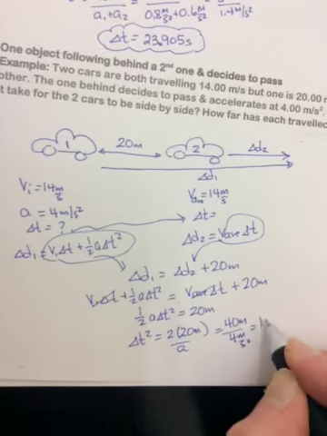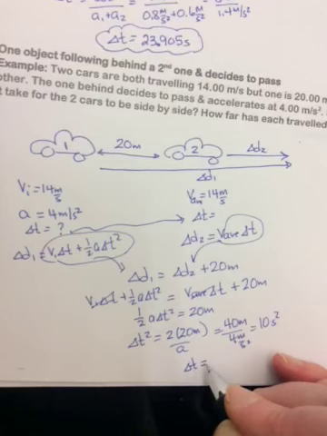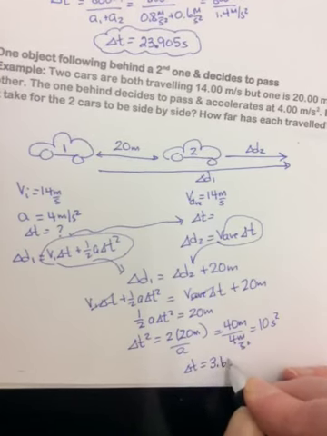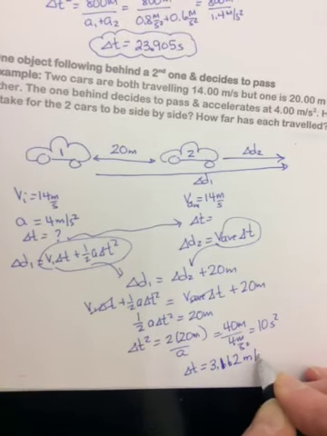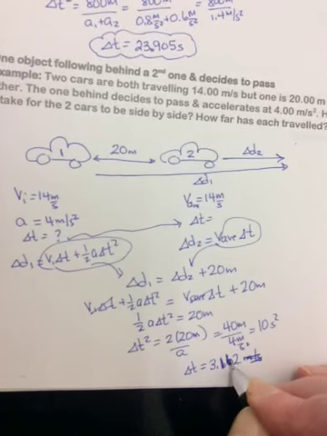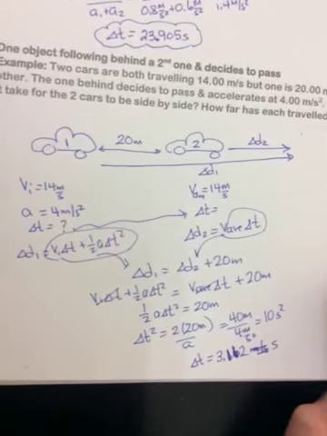And you'll end up with 10 seconds squared. Take the square root and you should get 3.162 seconds. Okay, how far has each traveled?